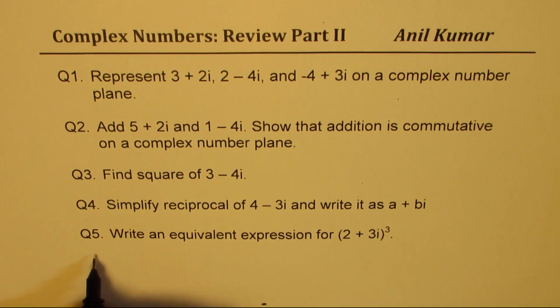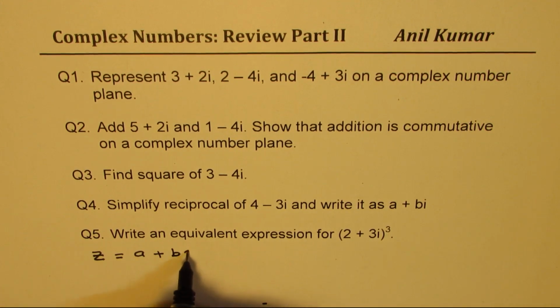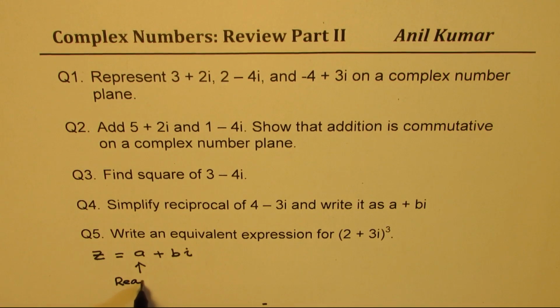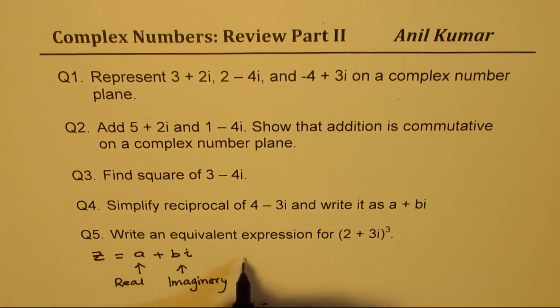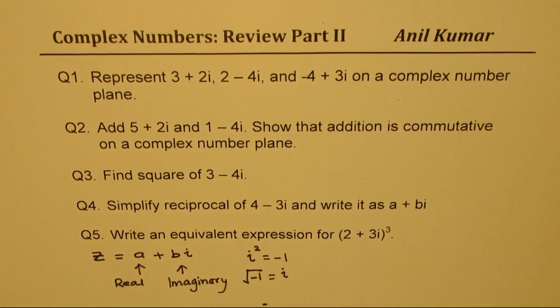Let's recall a complex number z is written as a plus bi, where this is the real part and this is the imaginary part. Now i squared is equal to minus 1, or sometimes we write the square root of minus 1 is equal to i, or iota.